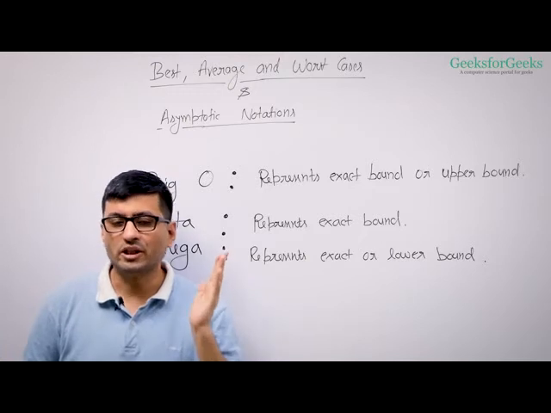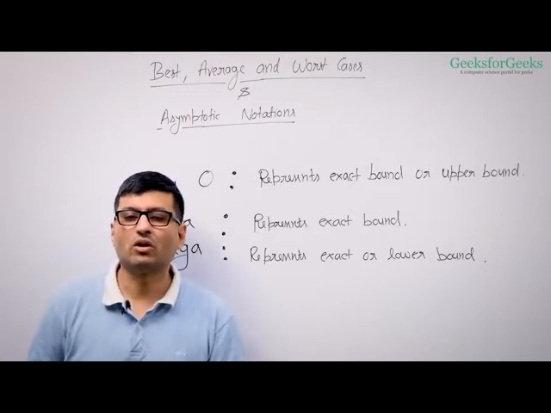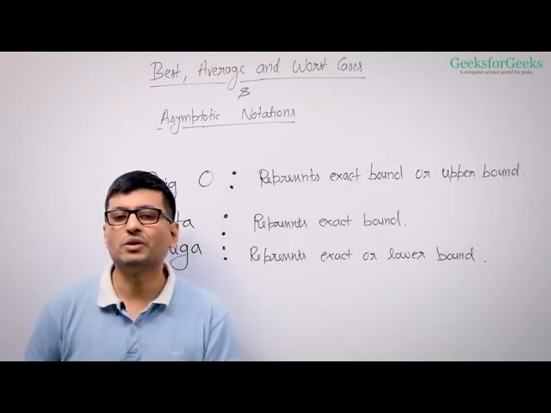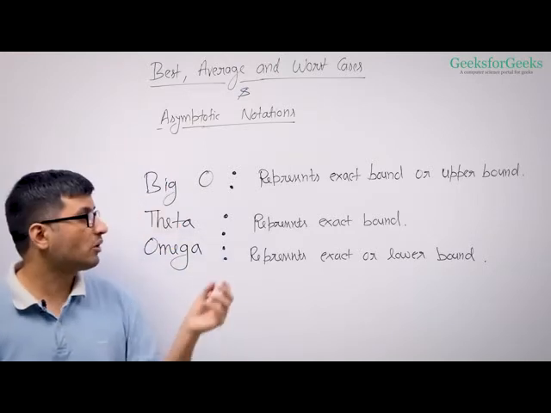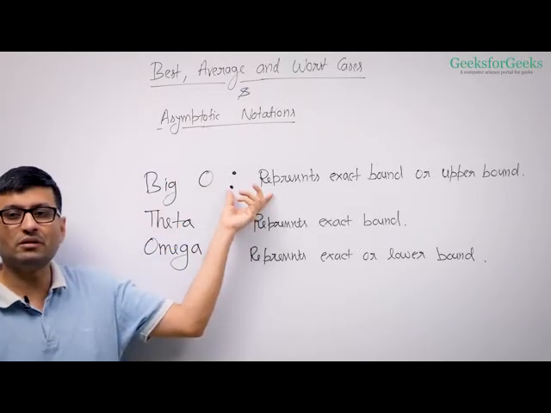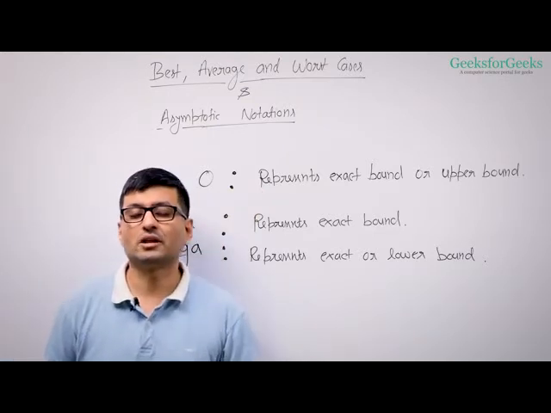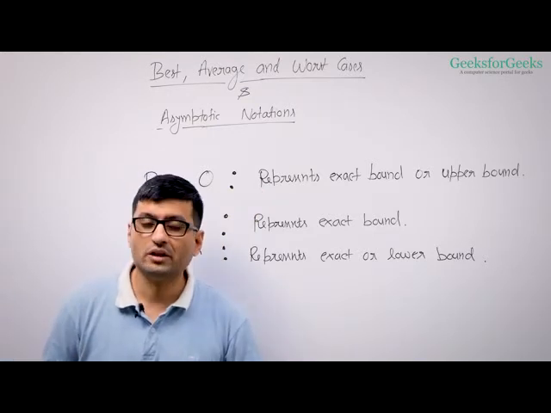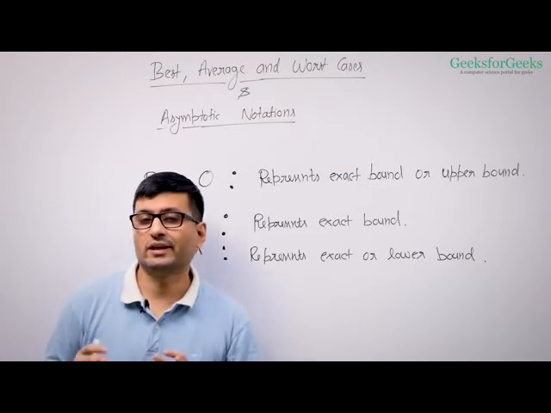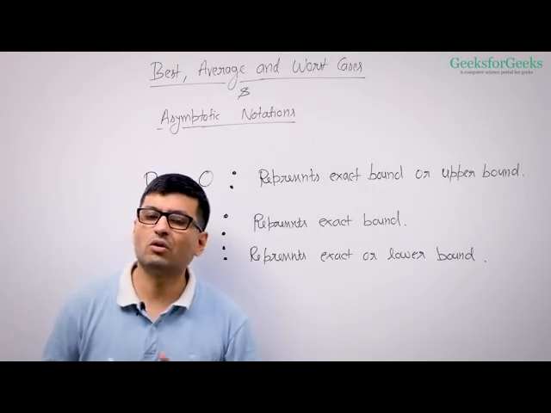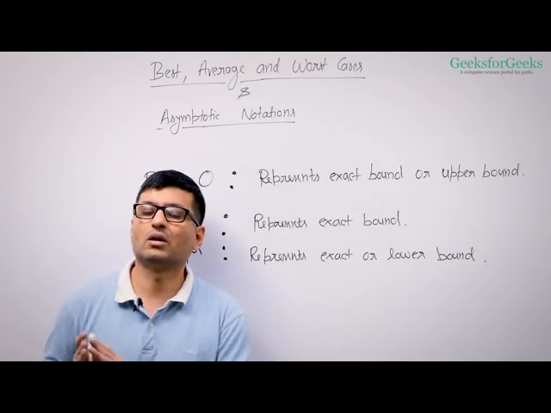We can put either exact value if we know it, or if we do know an upper bound, we can put an upper bound. I'll talk about this notation in detail in a separate video. Omega notation is opposite of Big O notation. It is used to represent exact or lower bound on order of growth of an algorithm.